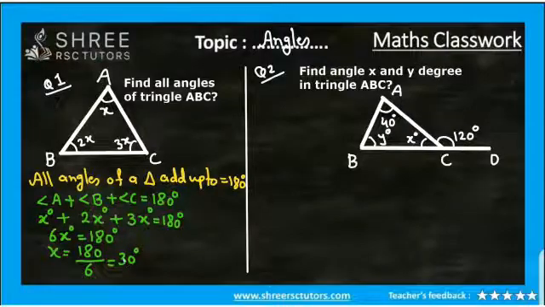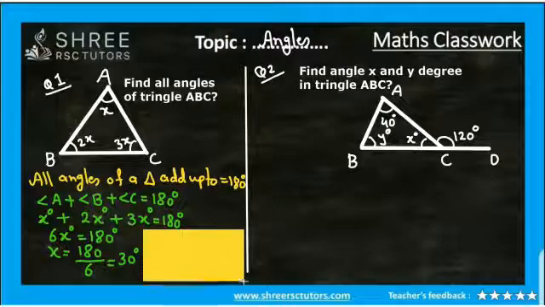So, we got our value of x, 30 degree, but we need to tell about all our A, B and C values. So for that, what can we do? Can we write over here that angle A is given x degree, that means 30 degree.